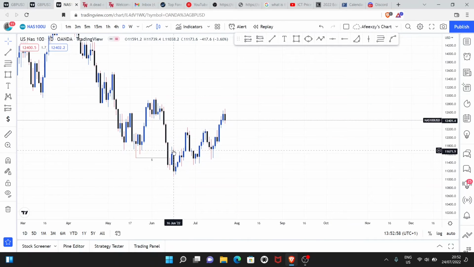Then a change in market structure here. But let's not mark it because it will be a very high time frame. I'm not swinging it. So market structure change here. Then saw a nice pullback, then it made a relative equal high, pulled back again, continued bullish. Now let me go to the 4-hour time frame.